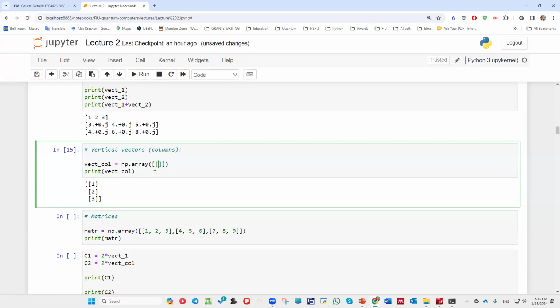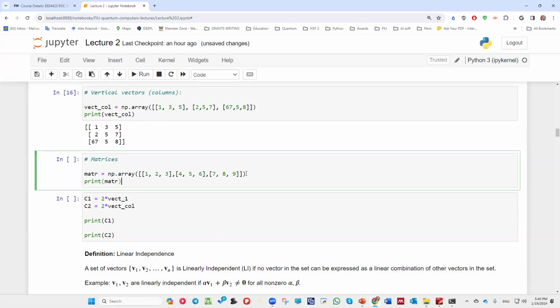So I write the second rectangular brackets here. For example, I need a matrix like 3 by 3 with some components like this. So this is my first row. Then I put a comma, the second row, and then another row. In this case it is going to be a 3 by 3 matrix with these components. And if I run this, it will show me this nicely looking matrix.